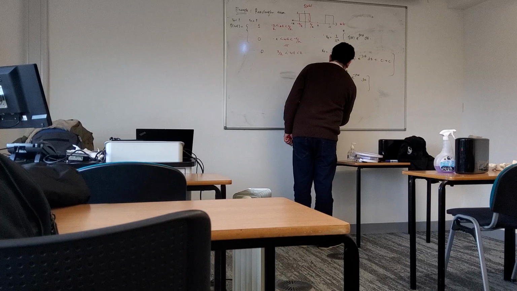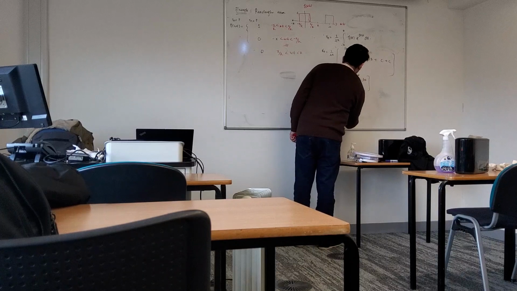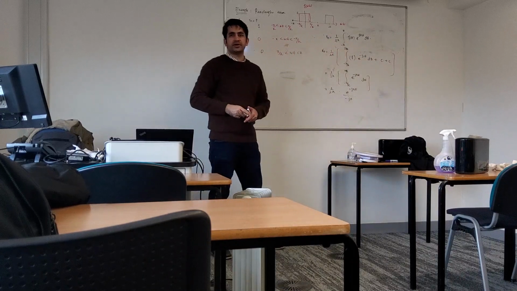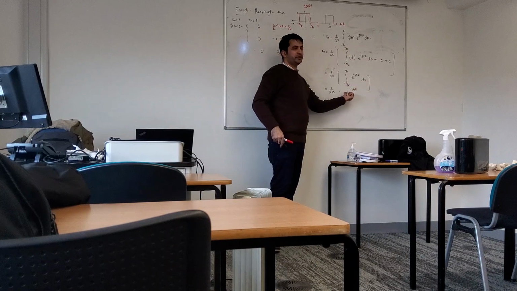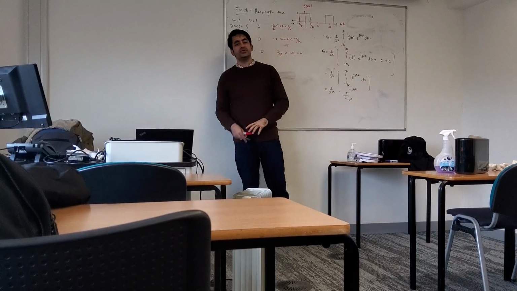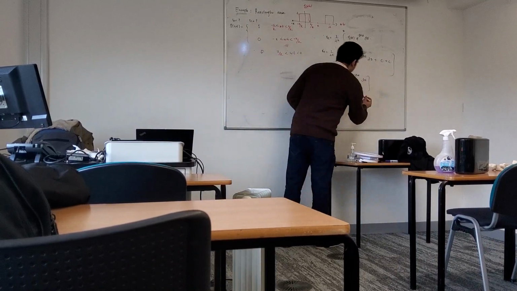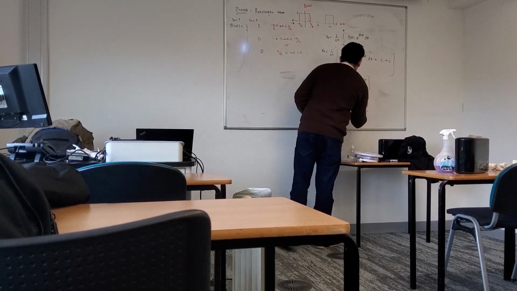It would be 1 by 2 pi, e power minus j n theta, and in the denominator it would be minus j n. The integral is with respect to theta, so if I take the integral, it would be e power minus j n theta, and then if I take the derivative again, it would be minus j n, and it goes to the denominator. And I know that the limits are minus pi by k to pi by k.